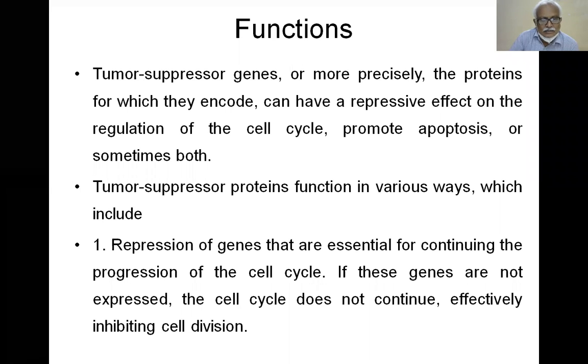That's the last division. Tumor suppressor proteins function in various ways. Number one, repression of genes that are essential for continuing the progression of the cell cycle. If these genes are not expressed, the cell cycle doesn't continue, effectively inhibiting the cell division.